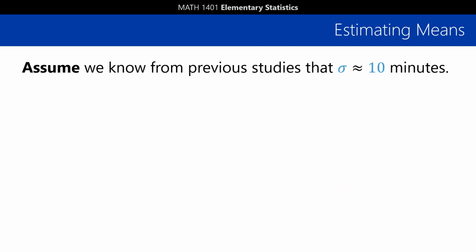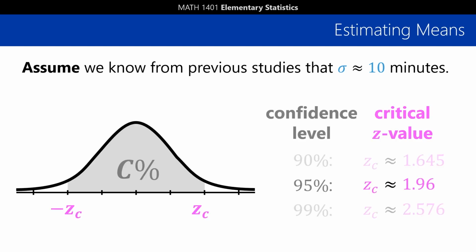Let's assume for now that we already know the population standard deviation. That is, the standard deviation in true wait times at the hospital is 10 minutes. Maybe we know this from a previous study. In that case, we can use the normal distribution, just like we did with the proportions. We'll pick a confidence level, like, say, 95%, and that gives us a critical z-value of about 1.96.